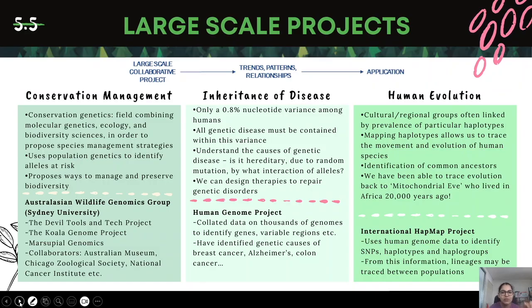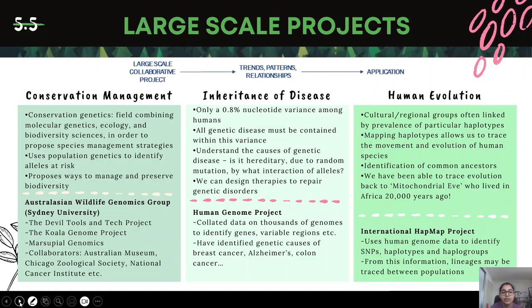Through that research, they identified the genetic causes for breast cancer, Alzheimer's, and colon cancer as well. So we now know that genetic diseases are within that variance buffer. We can use this data to identify trends and relationships, and then implement therapies and projects to contain genetic diseases.